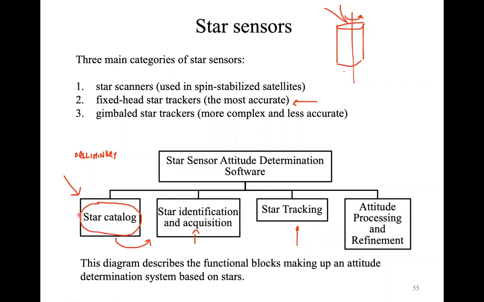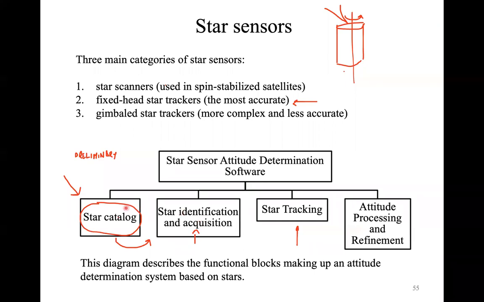So we are able to determine which portion of the sky we're going to look at. And as we have seen on Thursday last week, we are able to identify and acquire the first measurement of the stars.